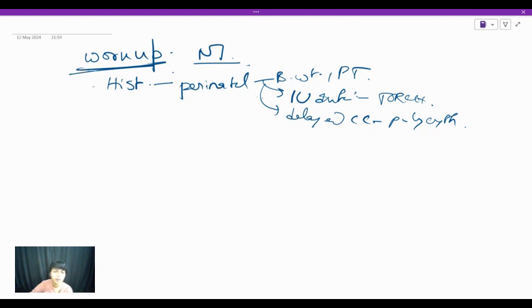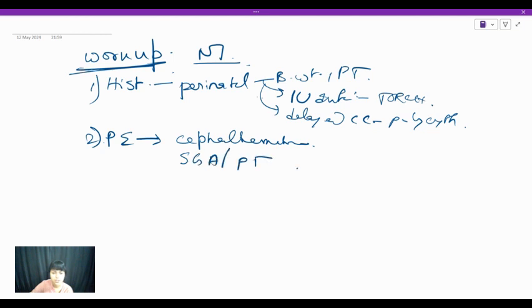And so on. Next, after history, you will be doing a proper physical examination of the child, like you should look for any cephalhematoma. Okay, what is the weight? Is it an SGA baby? Is it a preterm baby?